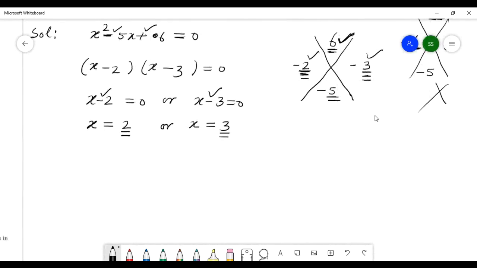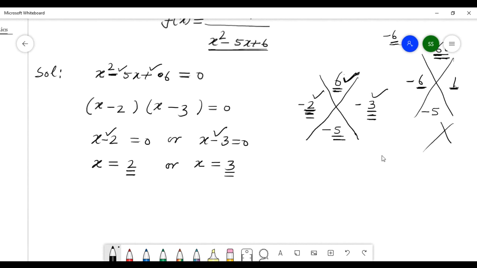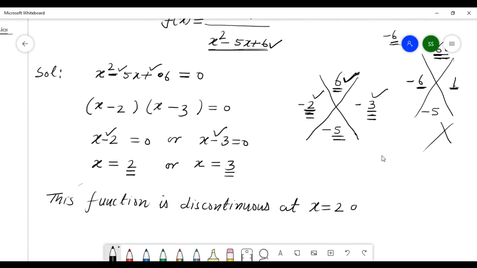Why? Because if you take x equal to 2, then here the denominator will be 0. Denominator 0, not defined. So this function is discontinuous at x equal to 2 and x equal to 3.